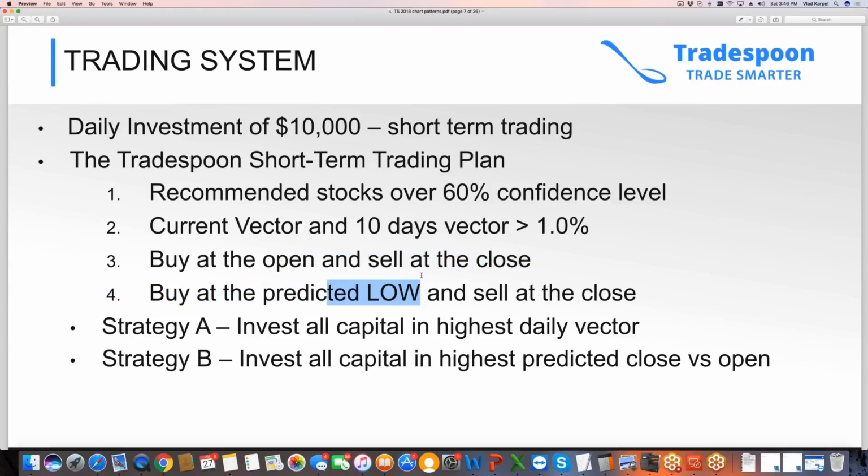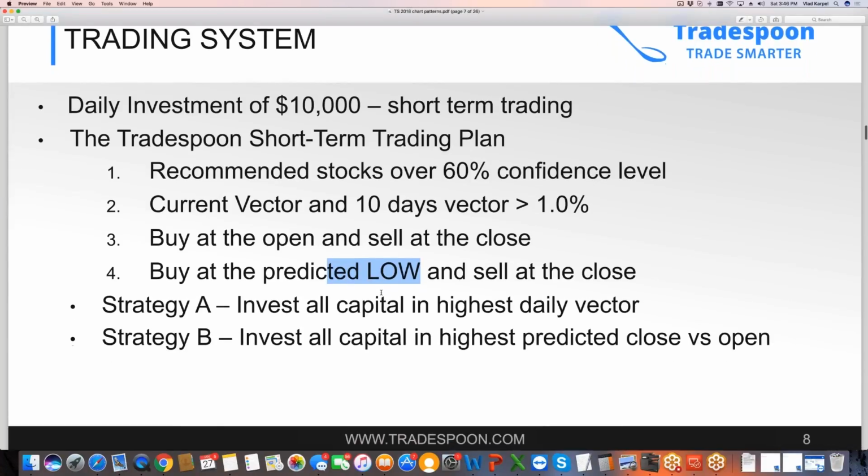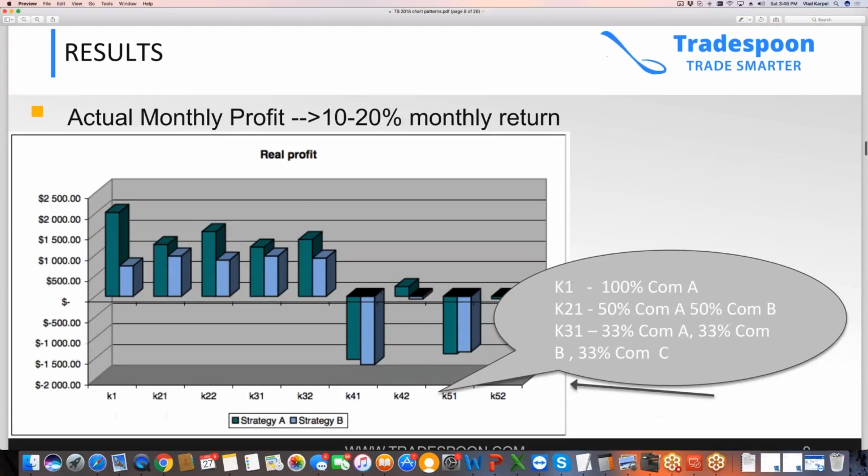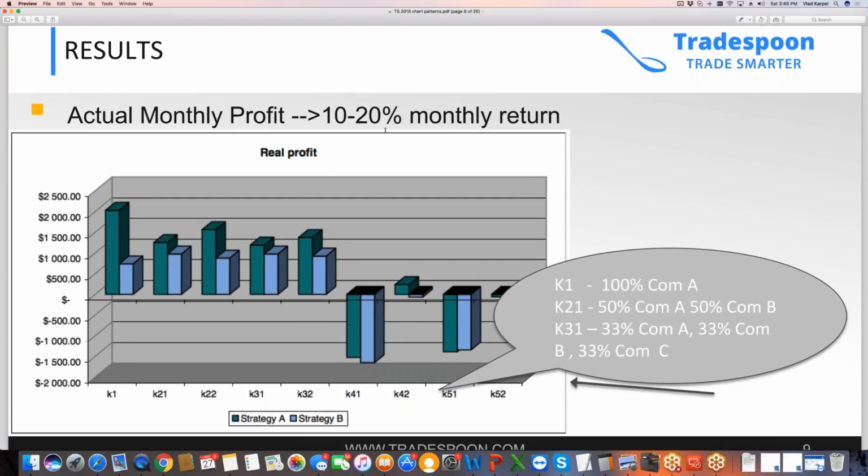So we have these two strategies, buying at the open or buying at the predicted low, which is usually lower than the previous close. And you can see, based on our live trading room, this is the actual performance of our trades that we had in the past. By day trading, you can achieve 10 to 20% monthly return. We have a model that constantly runs and provides you with anywhere from 2 to 10 stocks.